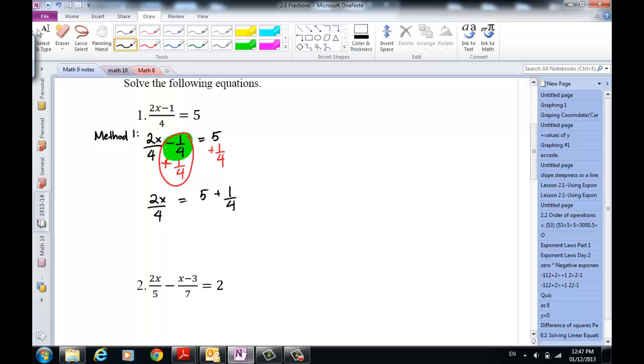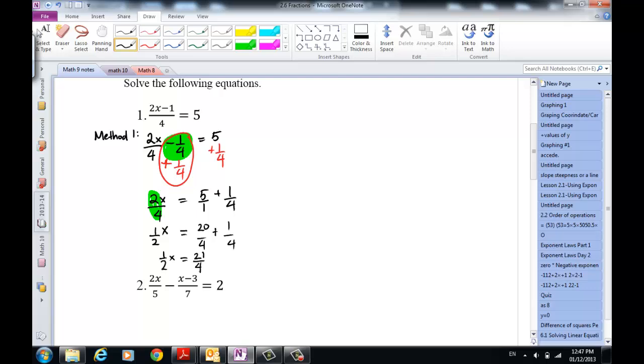Alright, so I'm going to add these fractions. On the right-hand side, notice that the common denominator is going to be 4. So I get 20 over 4 plus 1 over 4. And I can simply simplify the left side. I don't have to add anything. So I'm going to rewrite this as a half times x. And then I end up with a half x is equal to 21 over 4.